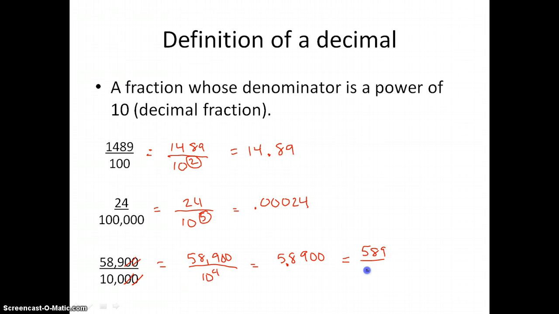And if 100 is 10 to the second power, then 589 decimal point at the second spot is 5.89. So these two numbers are equivalent also, by the fact that you can use equivalent fractions and cancel out this power of 10.